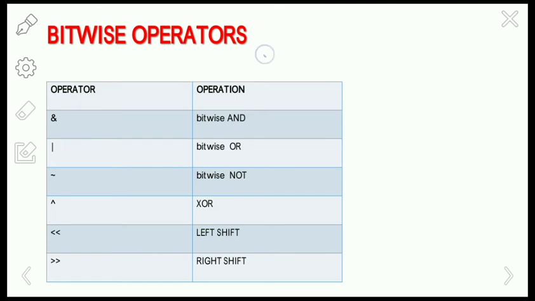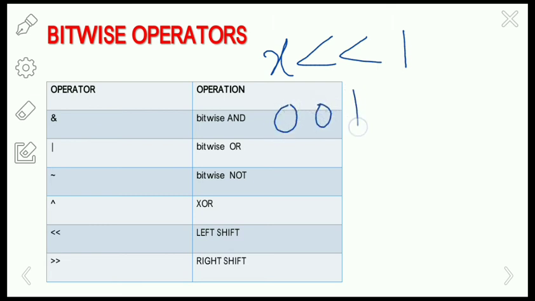Here I am taking the left shift value x with 1, and the binary value here is 00101000. This is the 8-bit binary value I am taking. Here we want to shift n bits to the left.